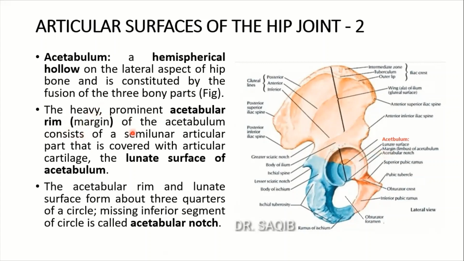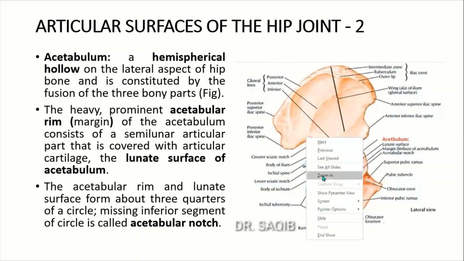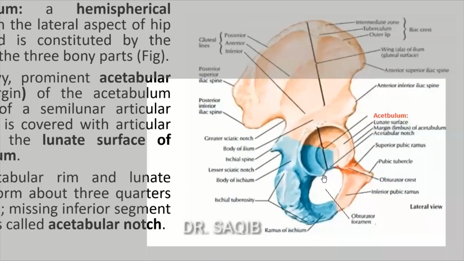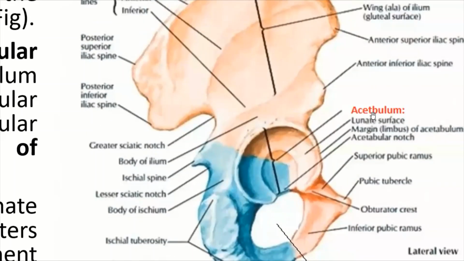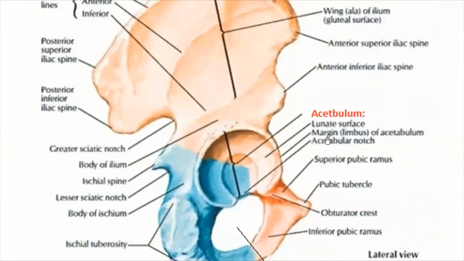The acetabulum consists of a semilunar articular part that is covered with articular cartilage, the lunate surface of the acetabulum. So let's now zoom in. And right, this is the acetabulum. It has a lunate surface. Here you could see this. This articular surface is the lunate surface. And then there is the margin of the acetabulum.